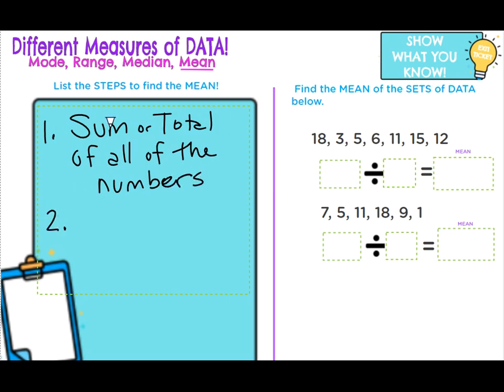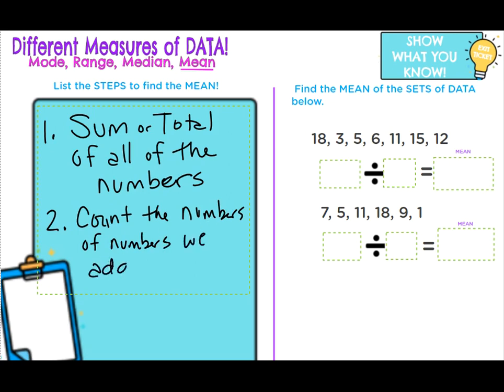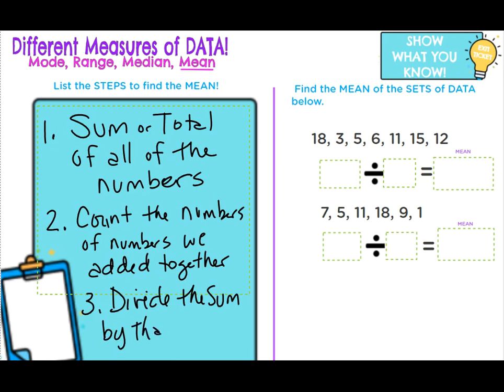And then secondly, we count the number of numbers we added together. And then 3, divide the sum by that number.